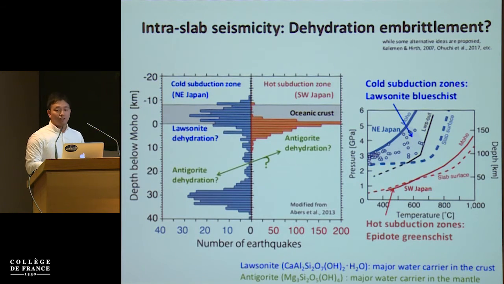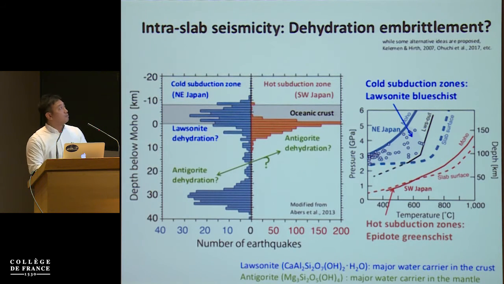Recent research has some controversy, because in high pressure experiments antigorite dehydration doesn't have any AE, but other papers report tons of AEs during antigorite dehydration. So the purpose of our study is to test this during real deformation experiments. We picked two end member samples: lawsonite, a typical representative of oceanic crust material, and antigorite, representative of hydrated mantle material.